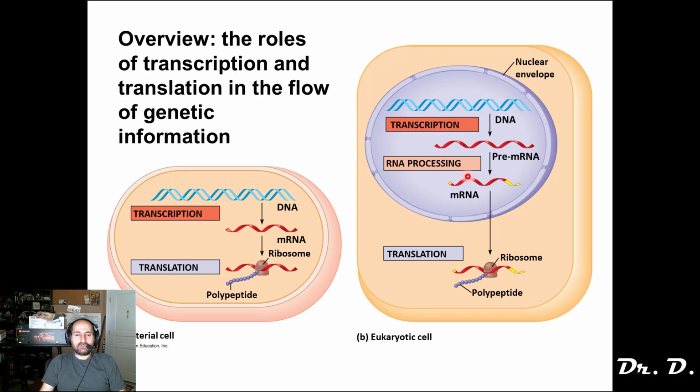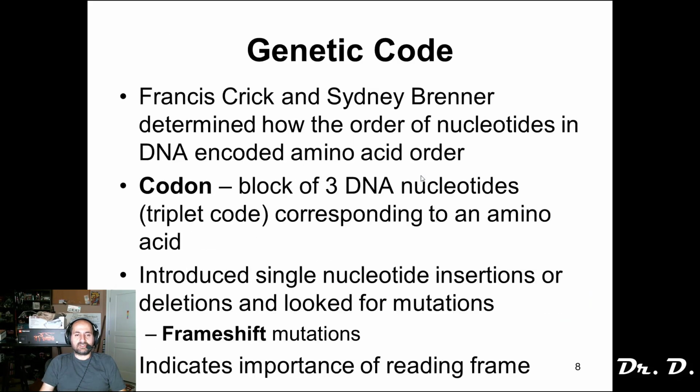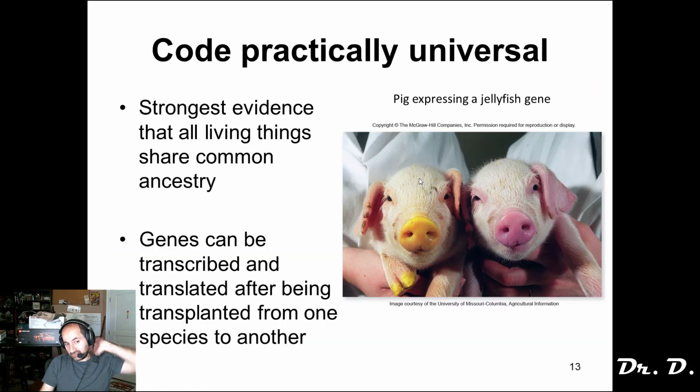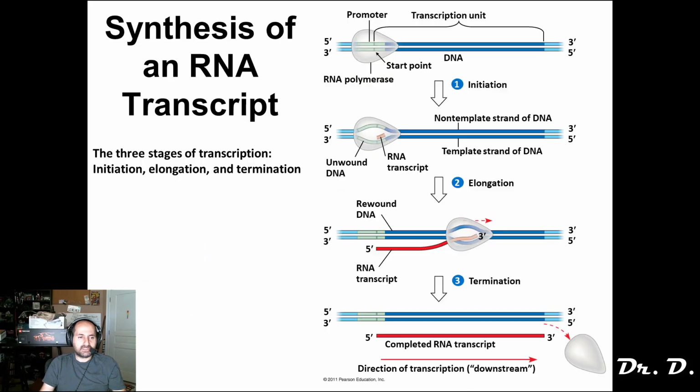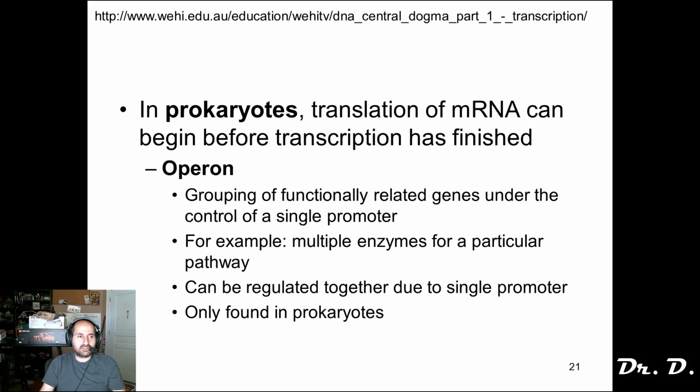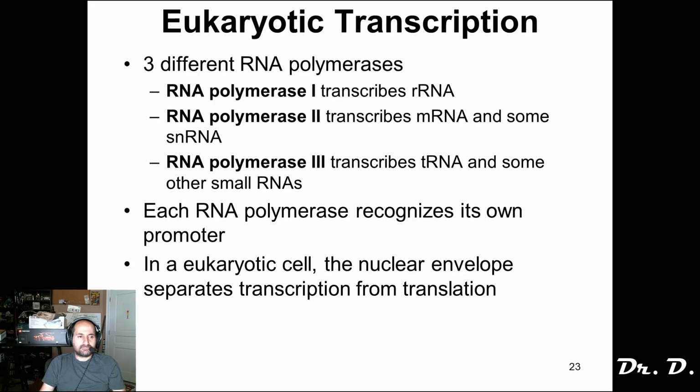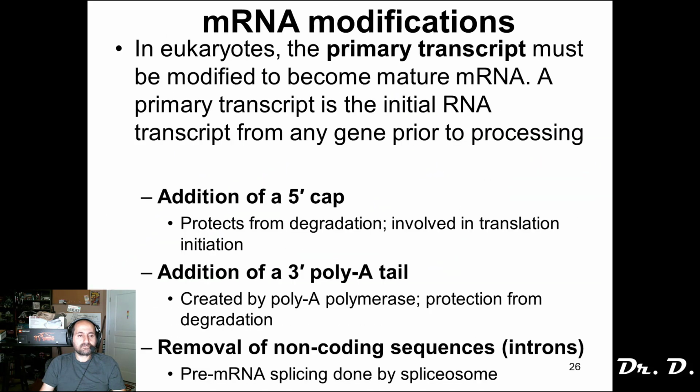Okay, so what are the steps involved in RNA processing? There are 3 steps involved with RNA processing, and only eukaryotes need to do these 3 steps. Okay, let's talk about those 3 steps. These are the 3 modifications of RNA processing.